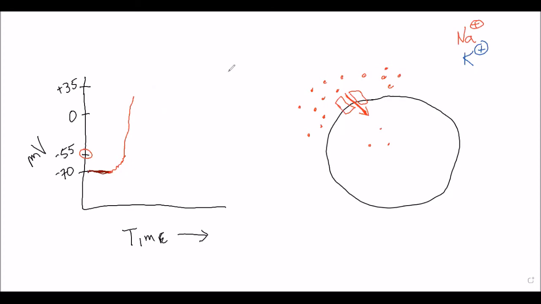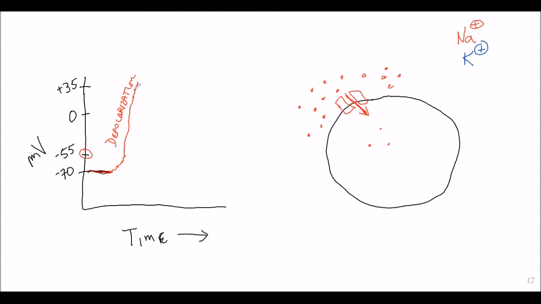So it reaches positive 35, and this pouring of sodium coming into the cell is what we call depolarization. This is where Eric jumped the gun. Depolarization is when it becomes more positive, and it's due to sodium coming into the cell. Any questions so far?